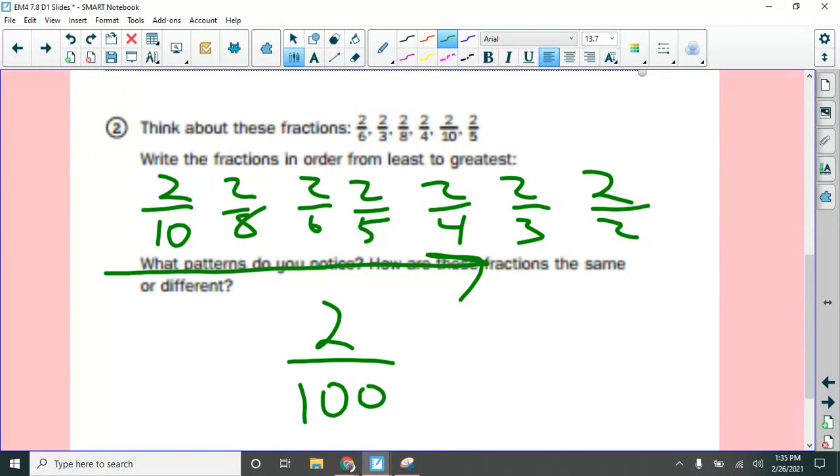A pizza divided into 100 pieces. Those pieces are going to be so small. So this is where visualizing, we work on that in reading, right? This reading skill can be very useful in math here, because getting a picture in your mind of these fractions can help you to know what's smaller and what's bigger.